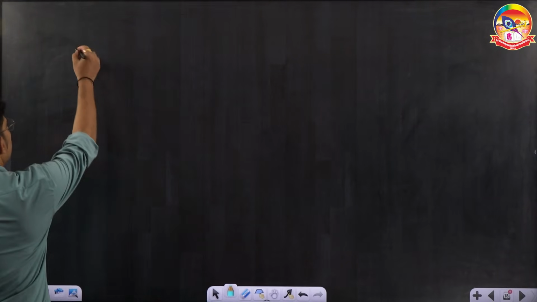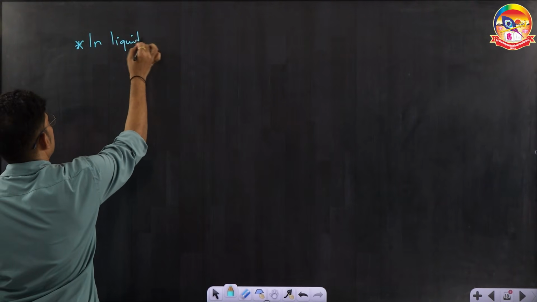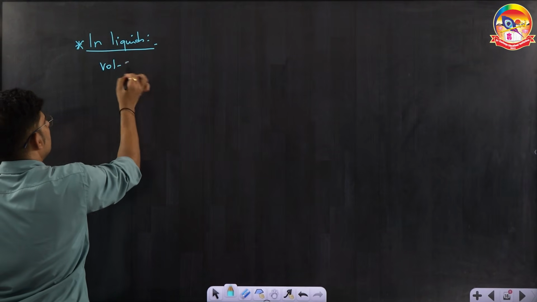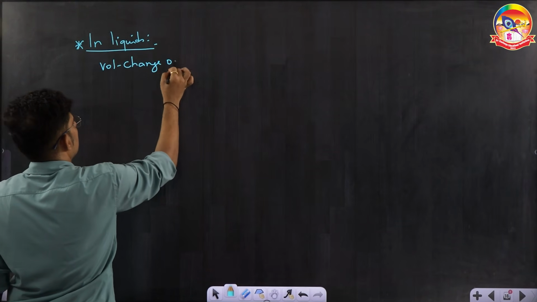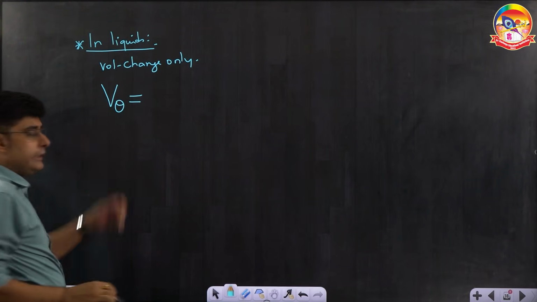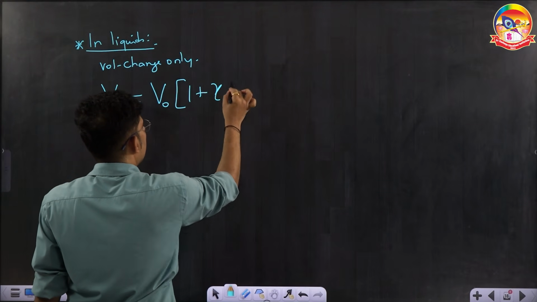Now next thing we have in liquids. In liquids we will take volume change only. So in volume change only we will write at any temperature V theta is equal to V naught into 1 plus gamma theta.